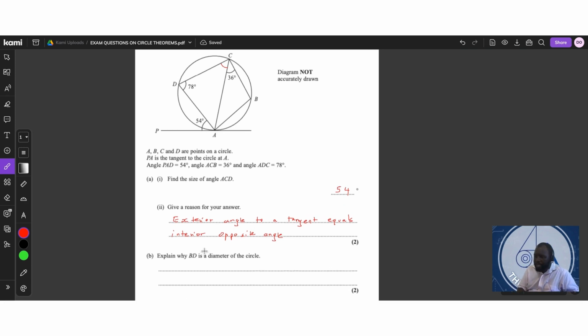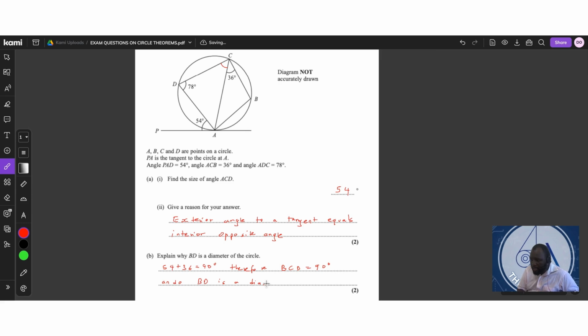Now to know if BD is a diameter, we need to do 54 plus 36, which is 90 degrees. And then we will say therefore BCD is equal to 90 degrees, and so BD is a diameter.